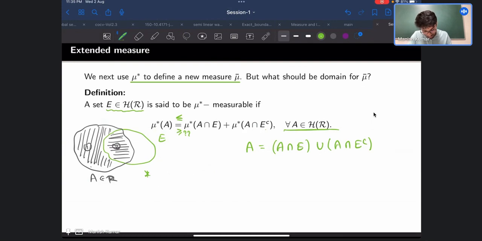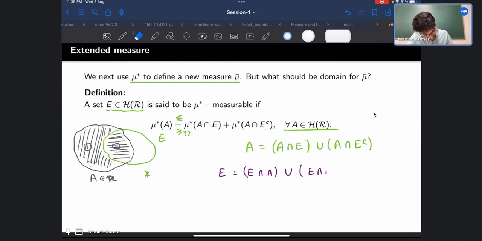Here you have chosen this partition of A. Instead, what if you partitioned E? If I partition E in this way, E intersection A union E intersection A complement, this is another definition I am trying to define.